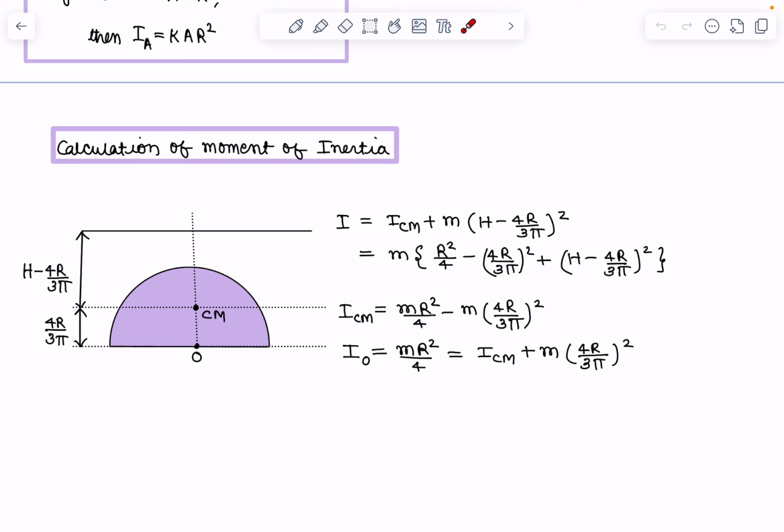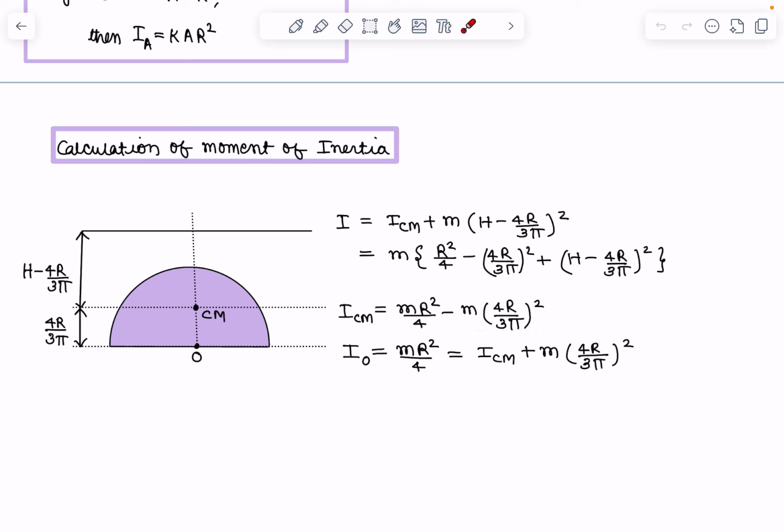And according to the parallel axis theorem, this moment of inertia about this axis can also be written as the moment of inertia about a parallel axis passing through the center of mass, this axis, plus m times the distance between these two parallel axes, which is 4r by 3 pi. So rearranging, we get the moment of inertia of this lamina about an axis passing through the center of mass, that would be m r square by 4 minus m times 4r by 3 pi whole square.